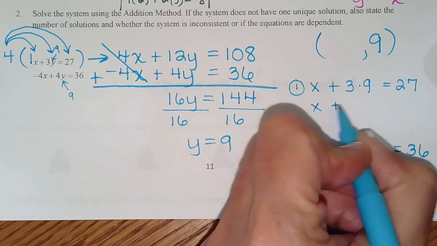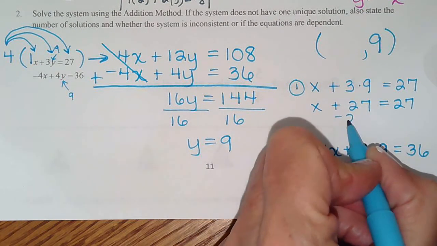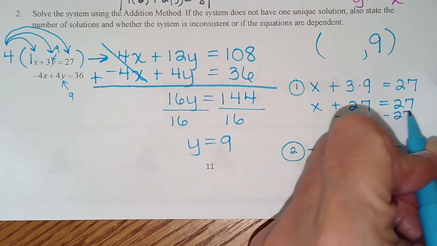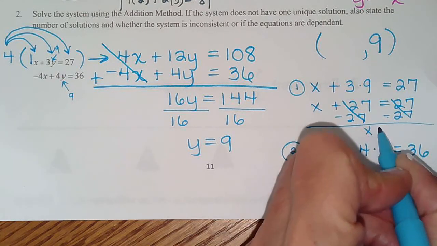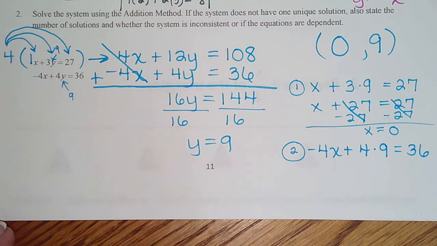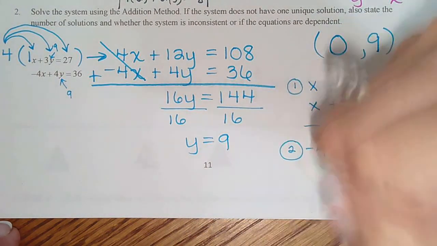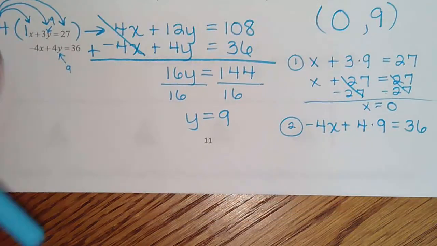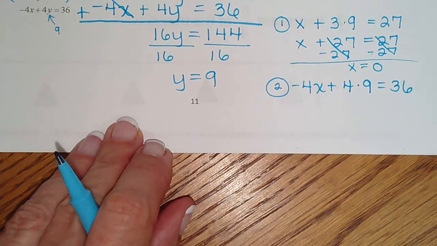So x plus 27 equals 27. Subtract 27, subtract 27. Looks like x is 0. So let's see if we get x equals 0 for the second one. If we do, we can go yes and know that we got it right and walk away the proud owner of a correct problem.